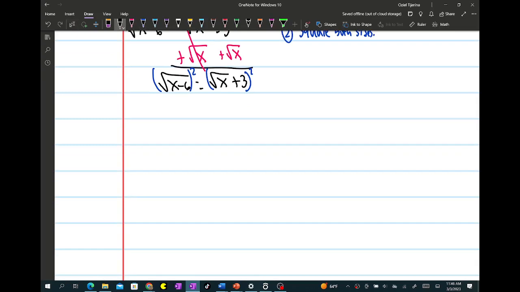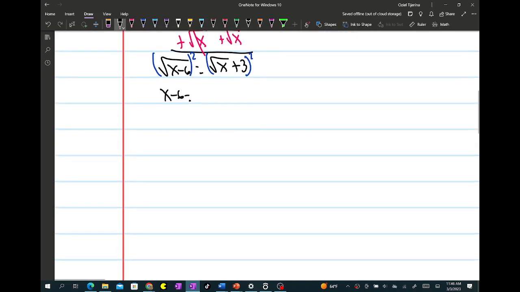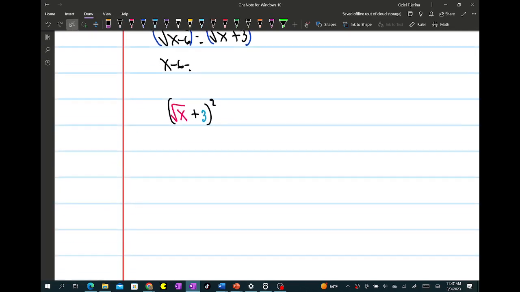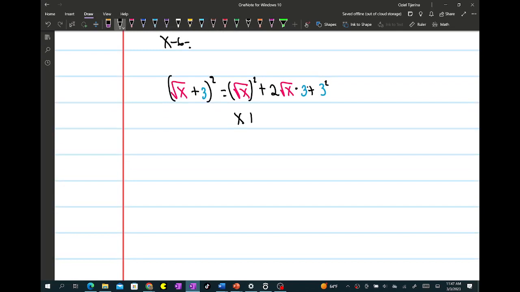The square root and the square cancel out, so we have x minus 6 equals, and if you know the rule for a binomial squared, this is going to be the square root of x quantity squared plus 2ab, so 2 times the square root of x times 3, plus 3 squared.